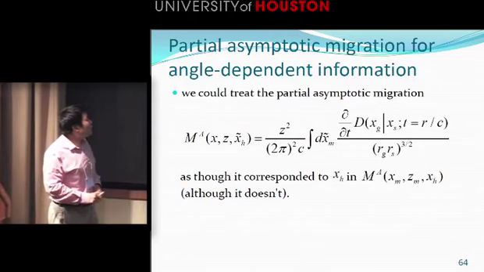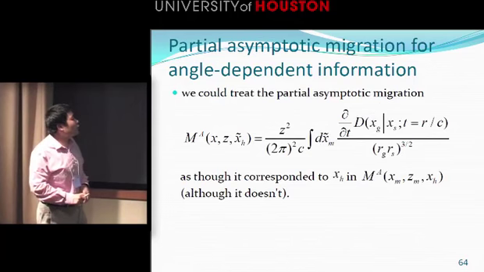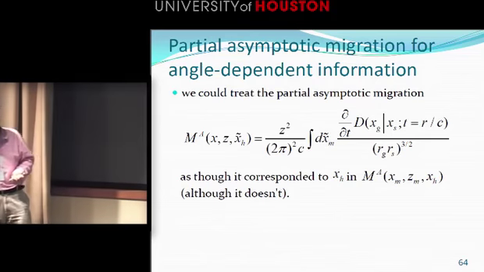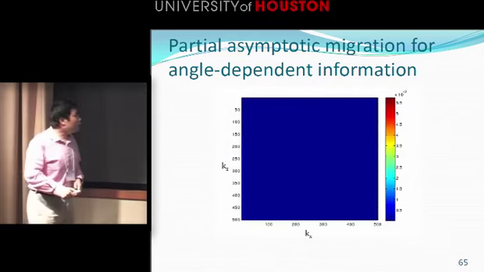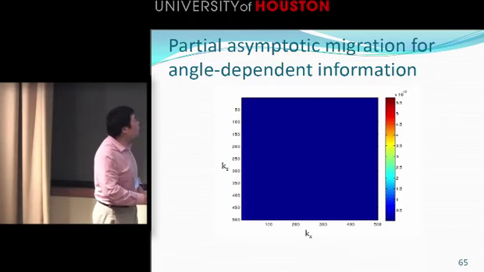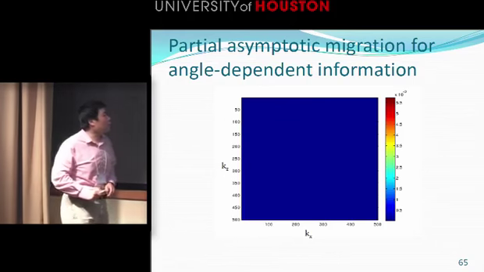By doing this, we just pretend this surface offset is the subsurface offset, and use this formula to replace this term, and try to use the same formula to get the angle-dependent reflection coefficient. This is the result. Those parts are all zero. Only one small region near here is non-zero. So this scheme totally failed.